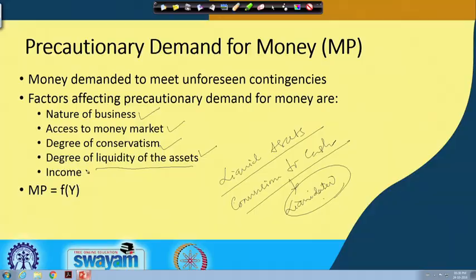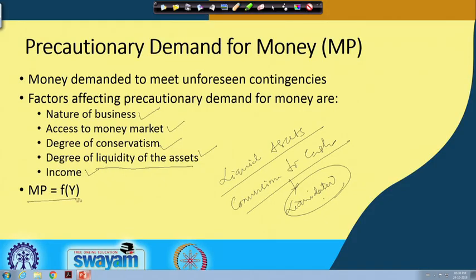Then the other factor we have is income. Income is the key factor, because the more the income, the more money they can keep for precautionary reasons, even after fulfilling all their requirements. They may not take much risk, but even if they do, if they have more income available, some amount of money can be kept as a precautionary motive.